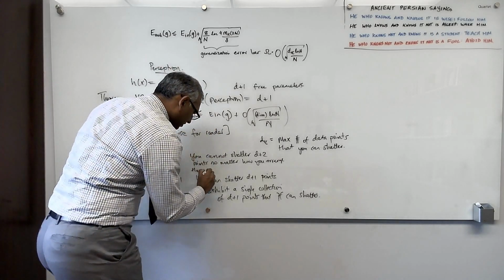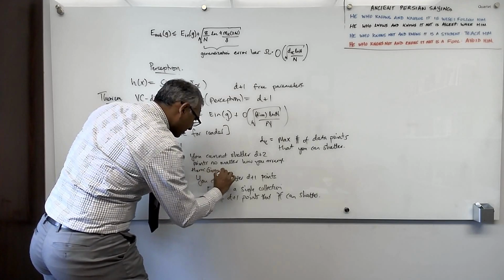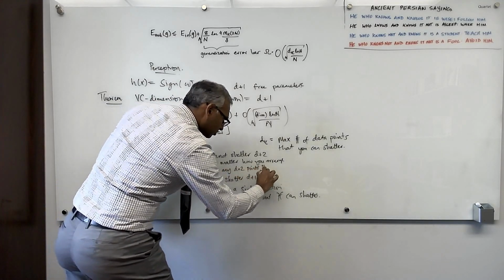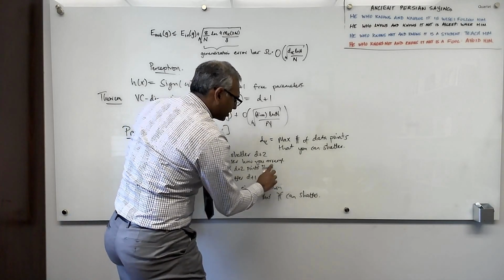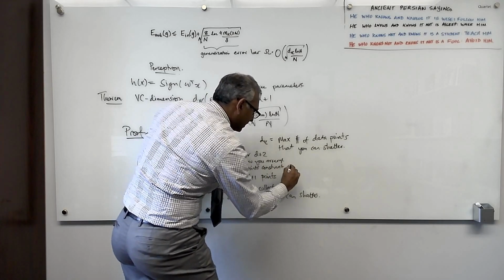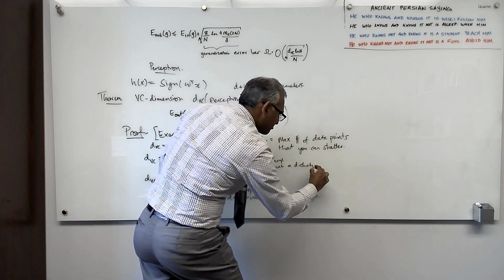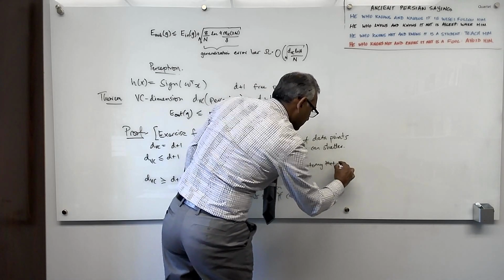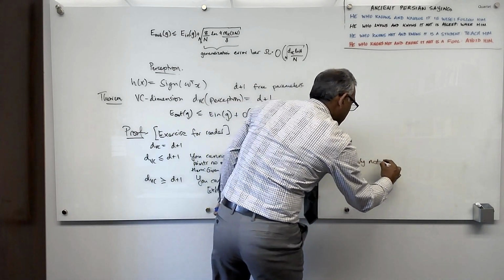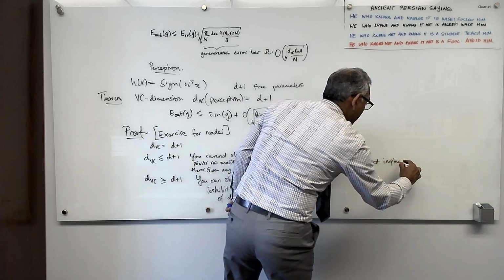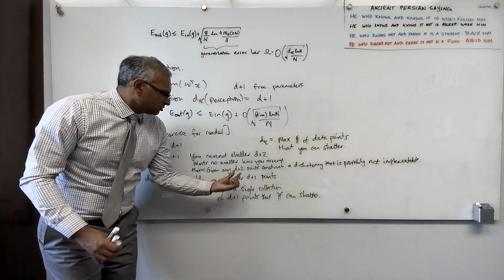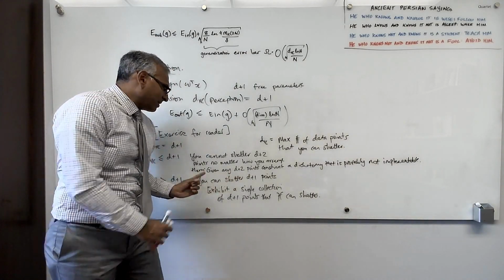Okay, so given any d plus 2 points, construct a dichotomy that is provably not implementable. In other words, given any d plus 2 points, because you have to make your argument general.